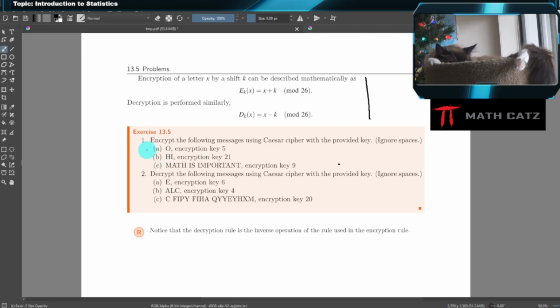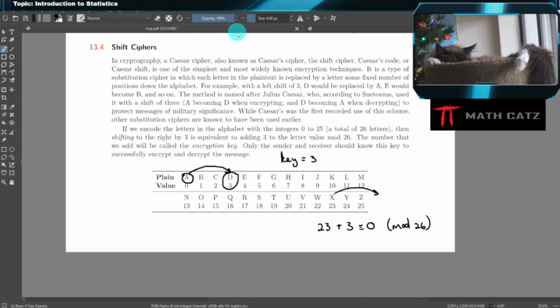So if we have the letter O and we want to encrypt it with the key 5, we would have to look up what the value of O is. O is over here. Let's clear up some of these things. We don't want all of this nonsense to distract us. O is over here, and it has a value of 14.